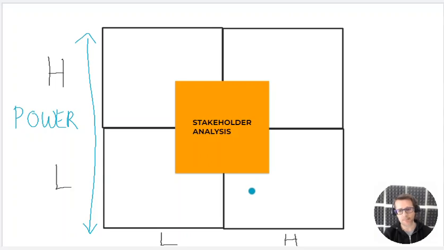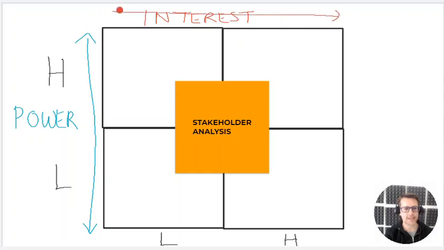Okay, high power, low power. And the other axis, it's not actually power, it's interest. And interest here doesn't refer to money, it refers to how much of an active interest do they take in, for example, the running of the company.